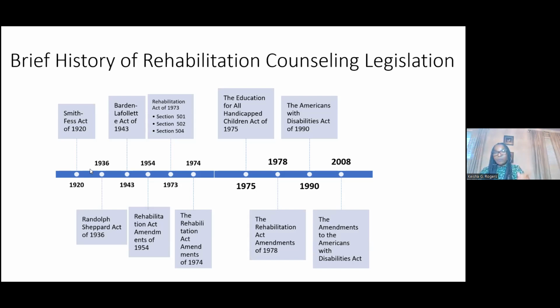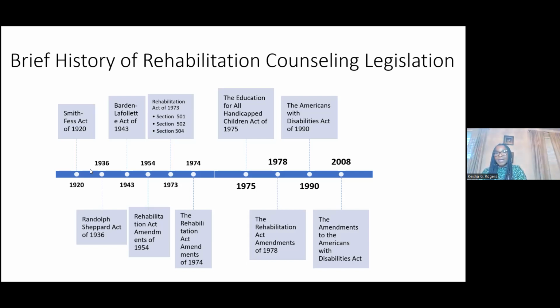But in 1973, I want to mention that the Rehab Act was the first act to address the notion of equal access of people with disabilities through the removal of architectural, employment, and transportation barriers. So again, it modeled those actions after the affirmative action policies that were already in place. And so we expanded that to people with disabilities.